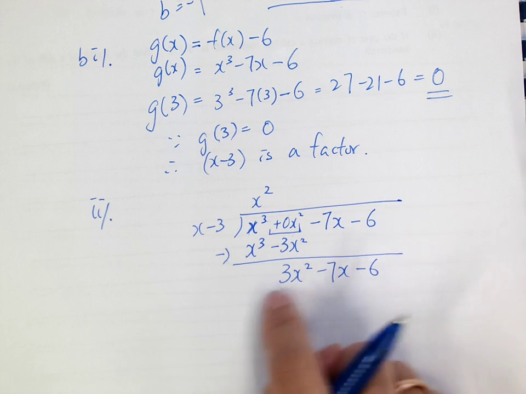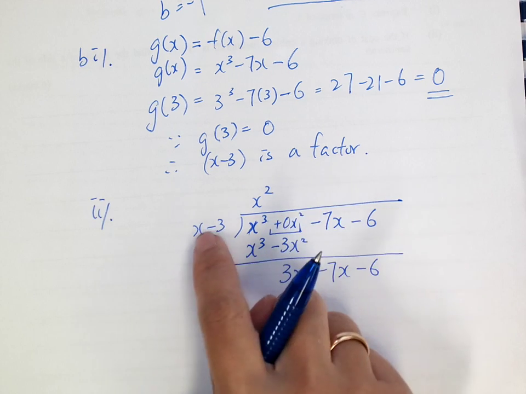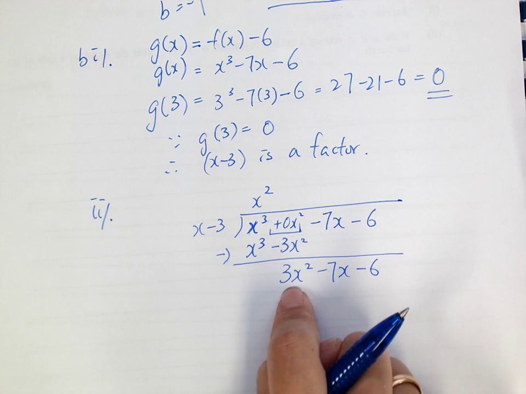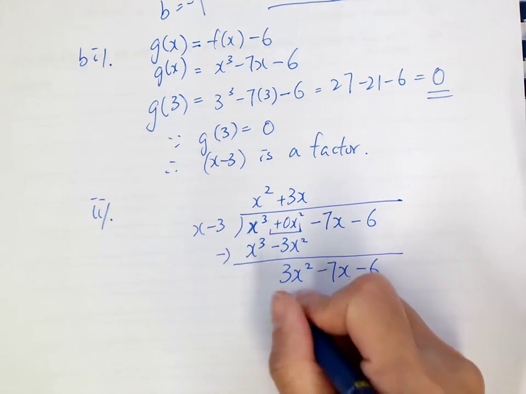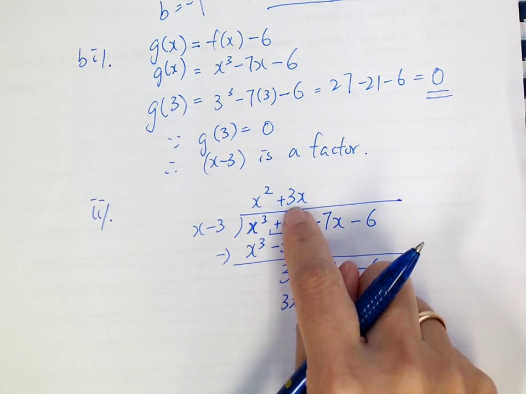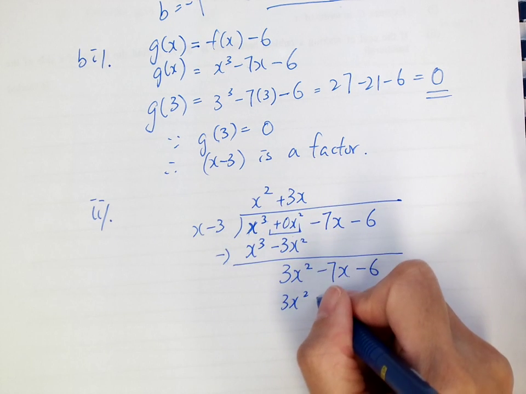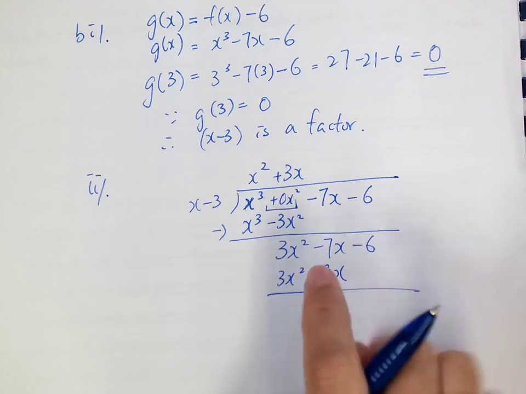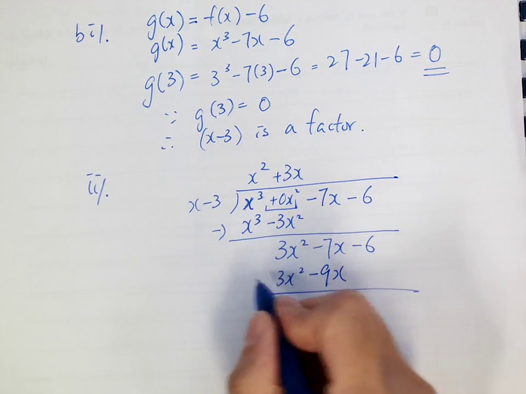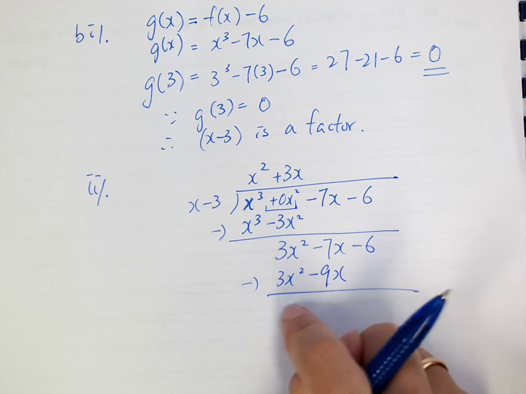Okay, so let's continue with this one. Multiply something by x to give you 3x squared. So you know it should be 3x times x gives you 3x squared. Alright, 3x times negative 3 gives you minus 9x. Alright, so the top minus the bottom. 3x squared minus 3x squared, of course 0.